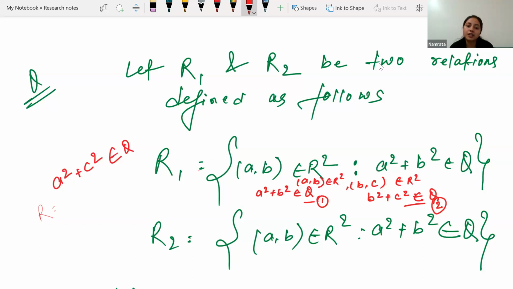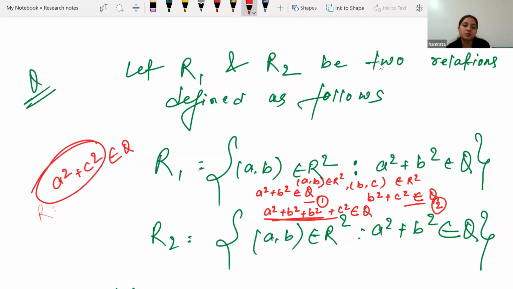When we add 1 and 2, we get a square plus b square plus b square plus c square, that means a square plus 2b square plus c square. We know that will belong to rational numbers, because rational plus rational gives rational only. But we cannot say that a square plus c square will belong to rational numbers.